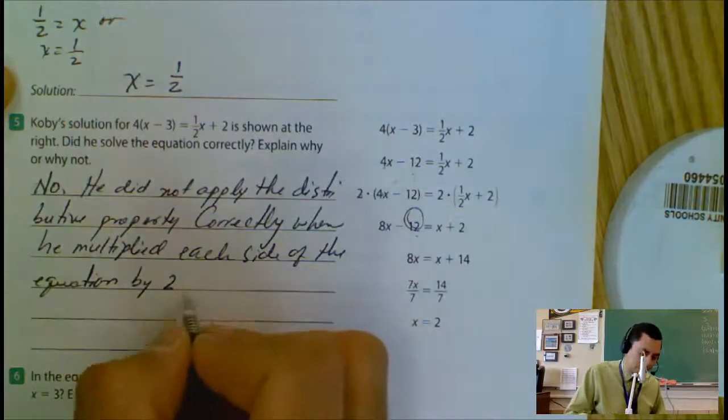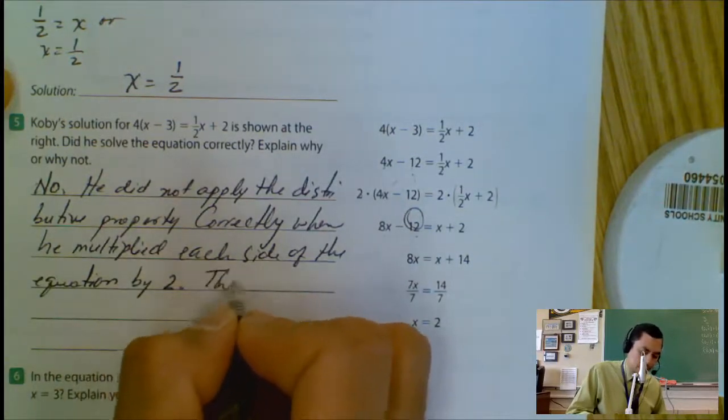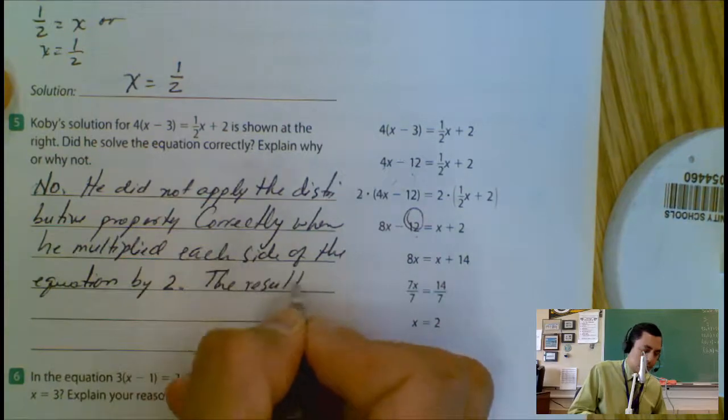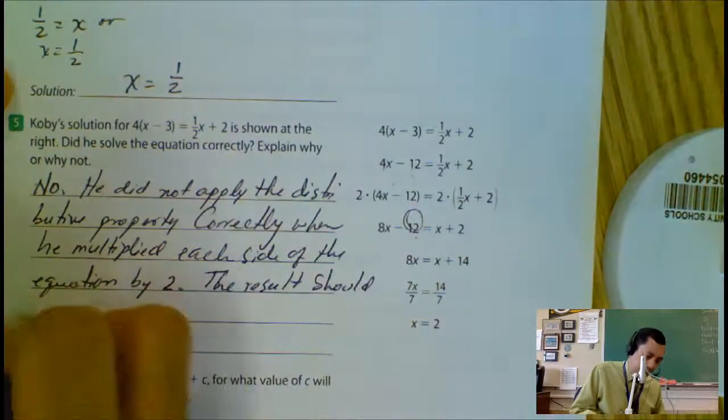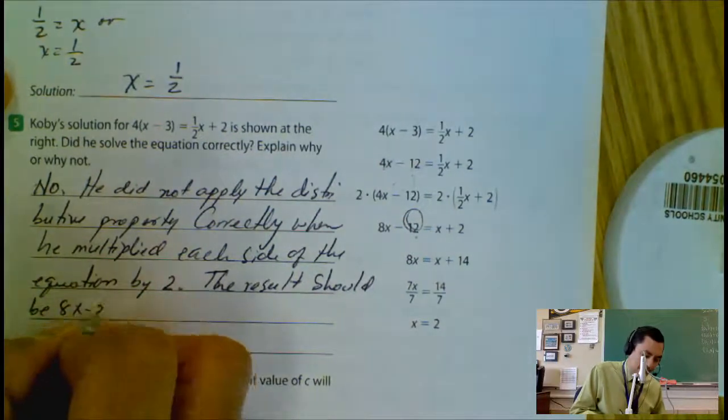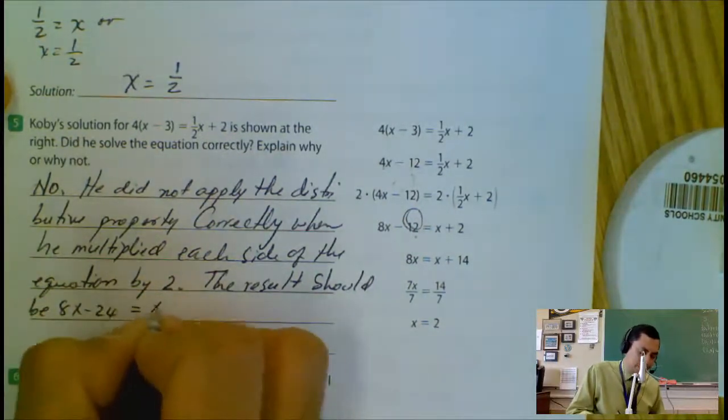Okay, the result should be 8x minus 24 equals x plus 4.